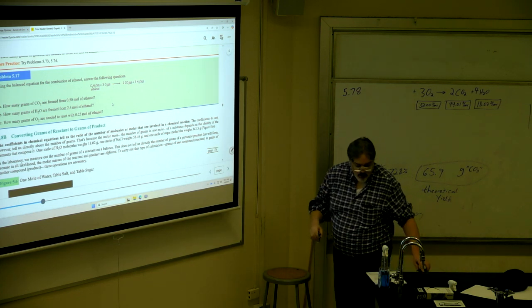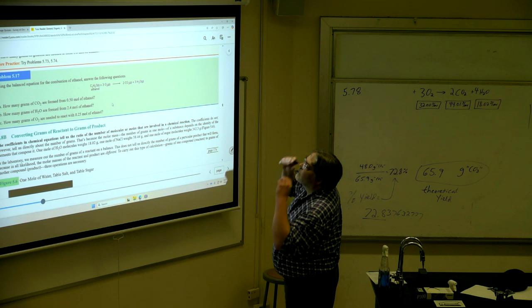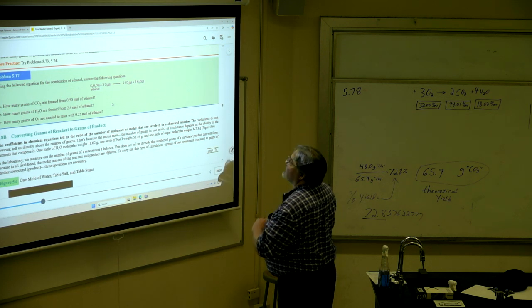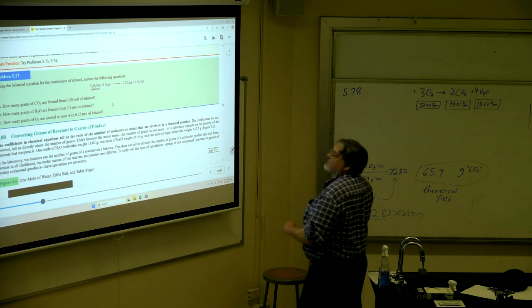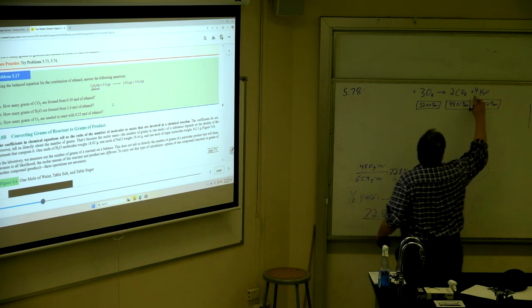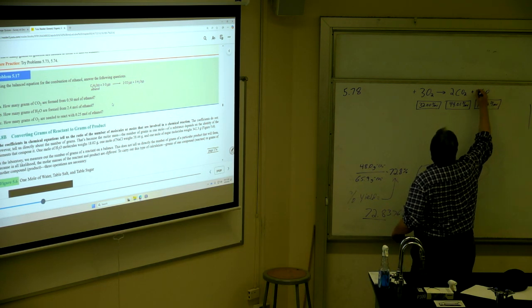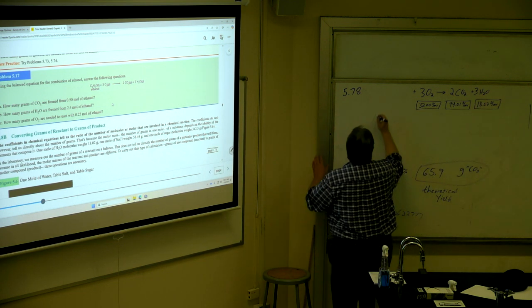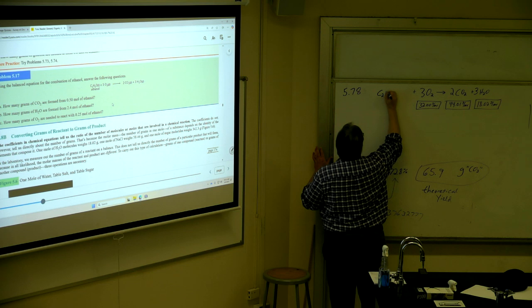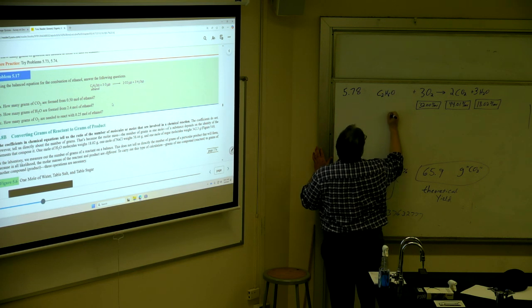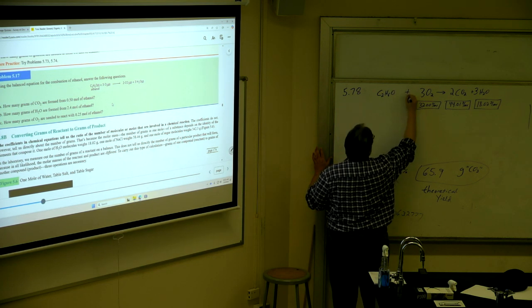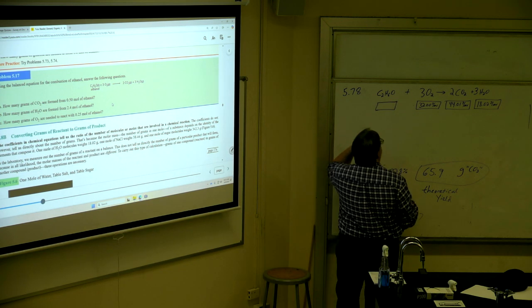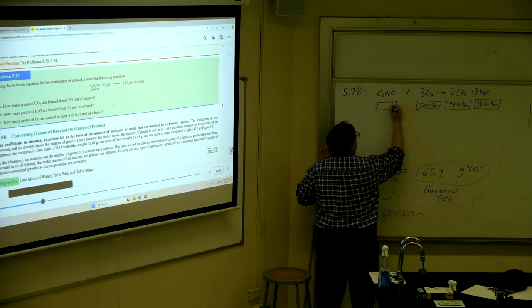So this reaction is C2H6O plus 3O2 gives 2CO2 and 3H2O. Calculate the grams per mole unless I know we need it.